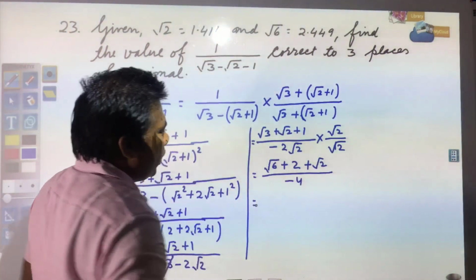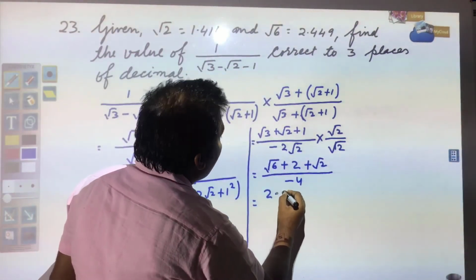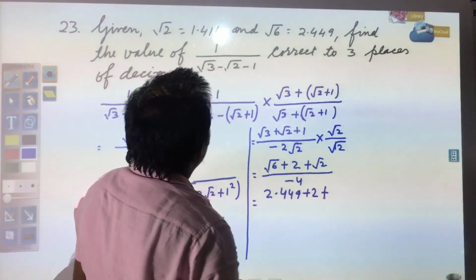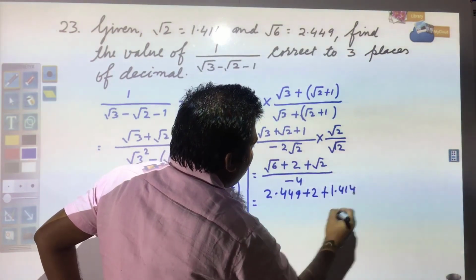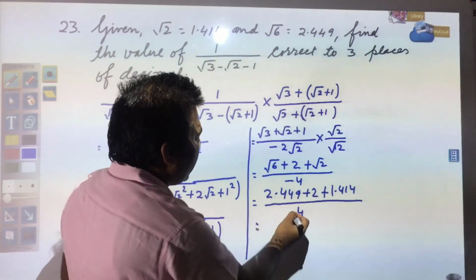Now you put the value, root 6 is equal to 2.449 plus 2 plus 1.414 divided by minus 4.